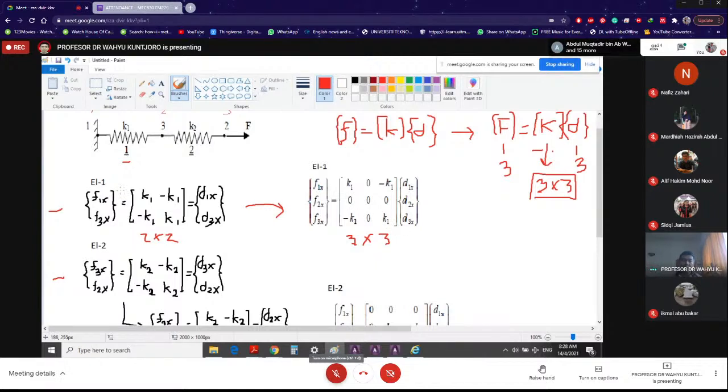For example, element number 1 doesn't have node 2, so anything to do with f2x is going to be 0. If you look at this equation, for element number 1, f2x is equal to, so this is what I'm doing now.